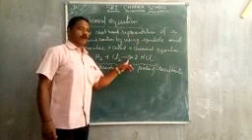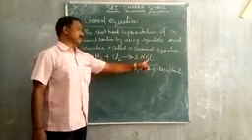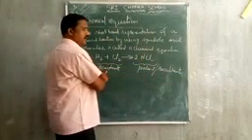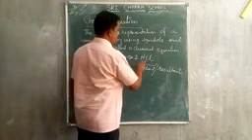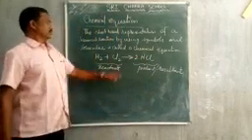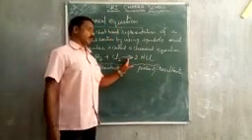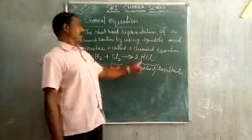Here an arrow mark is used to separate reactants and products. Reactants are written on the left hand side of the arrow mark, and products are written on the right hand side.